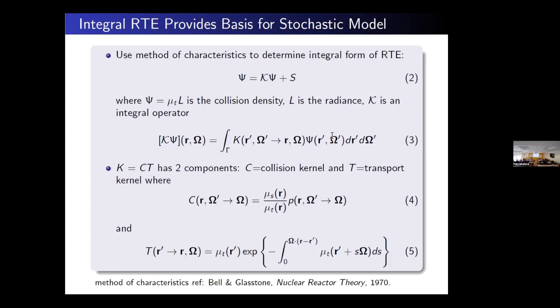You have mu t as a function of the position you're coming from, an exponential to the minus. And in the integral, we have mu t as a function of this parameterized line because the mu t could vary along that track. If you have very heterogeneous tissue, then you want to make sure that you're moving with respect to the changes of the optical properties as you move along that line.